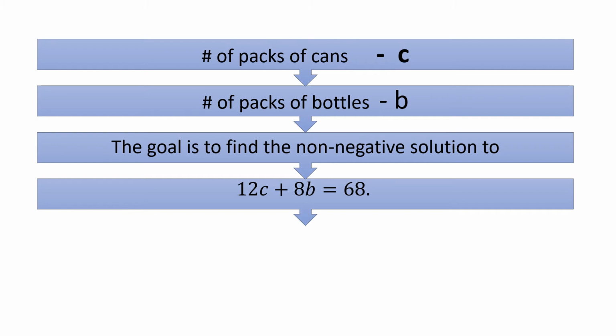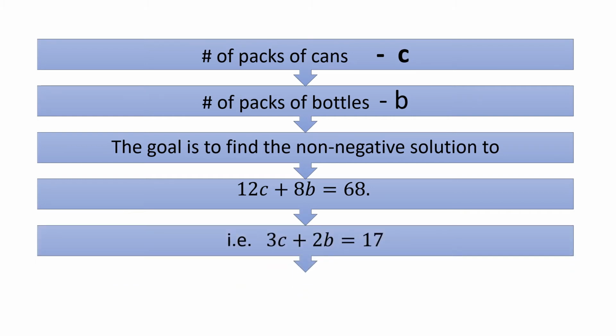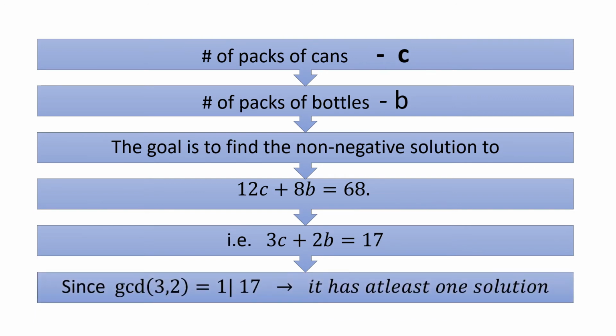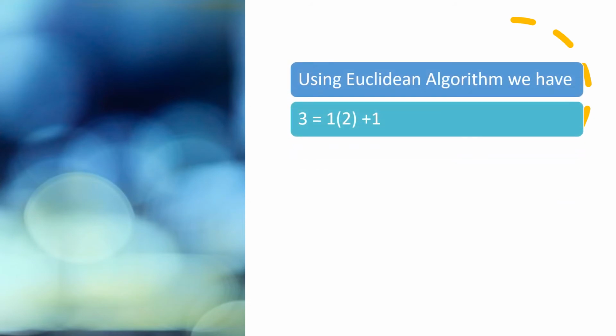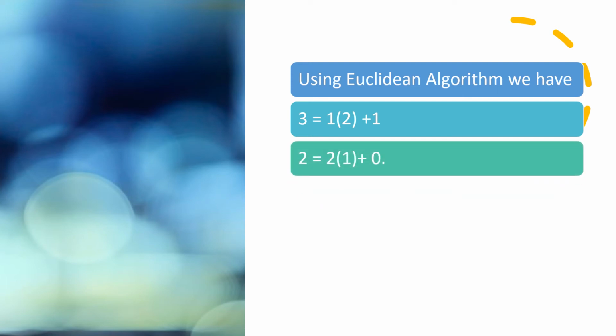Since it can be reduced, we divide the whole equation by 4, and we get 3C plus 2B equal to 17. Hence, we can find the GCD of 3 and 2, which is 1, and it divides 17, and therefore it will have at least one solution. Using the Euclidean algorithm here, we get 3 is 1 times 2 plus 1, and 2 is 2 times 1 plus 0.